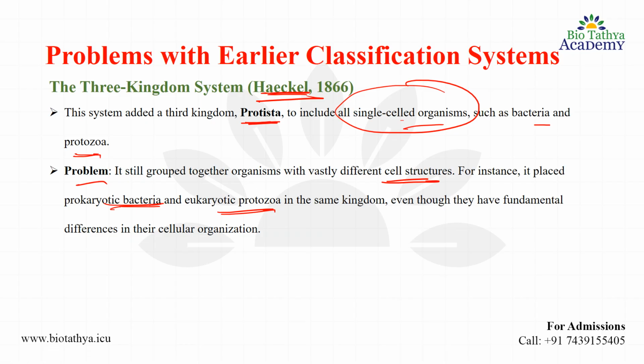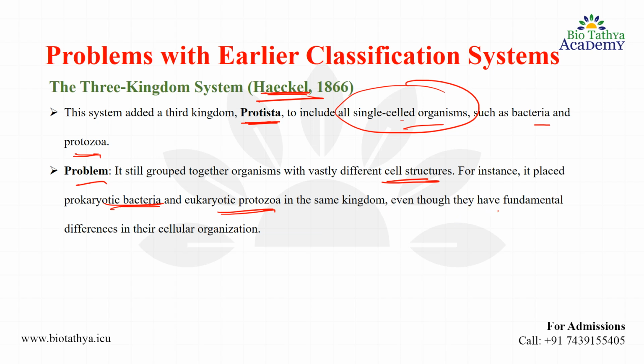They are placing prokaryotic bacteria, which do not have membrane bound organelles, in comparison to eukaryotic protozoa, which do have completely membrane bound organelles, in the same kingdom. So that was a problem.